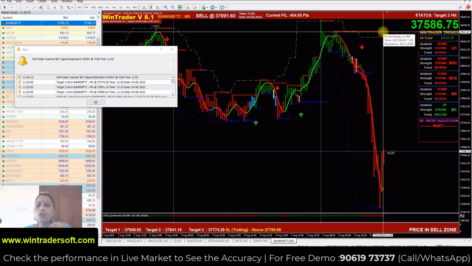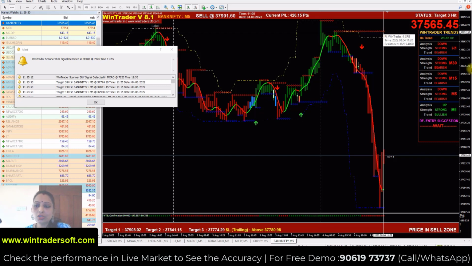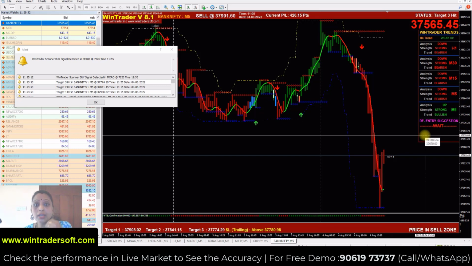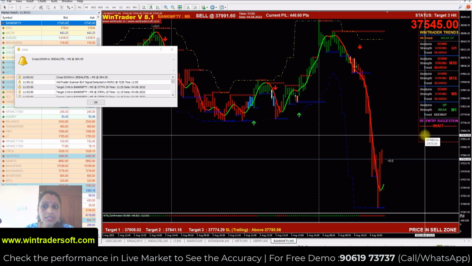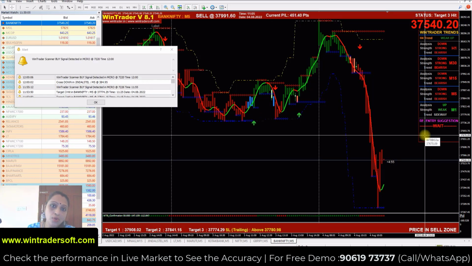Whenever the software generates a signal, the alert will come with a sound effect, and if you miss the fresh entry, the software gives a re-entry suggestion also, with a new entry and a new target. The software also gives a trailing stop loss, resistance and support levels, and sideways indication. All features are in one software, and it supports all major financial markets.